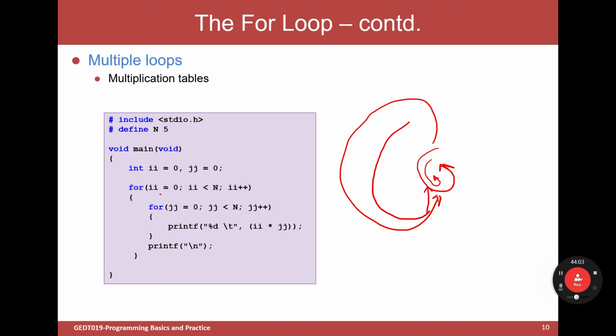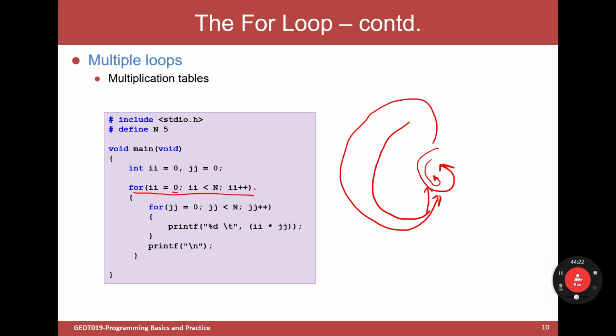So look here, from i equals 0, i plus plus, until n is equal to 5. That means the code inside this loop will be done 5 times.